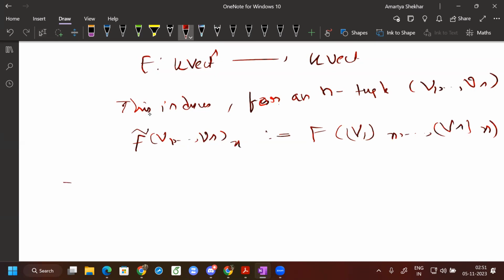We have a few examples. Before the Whitney sum, let's suppose this functor F is the determinant function.